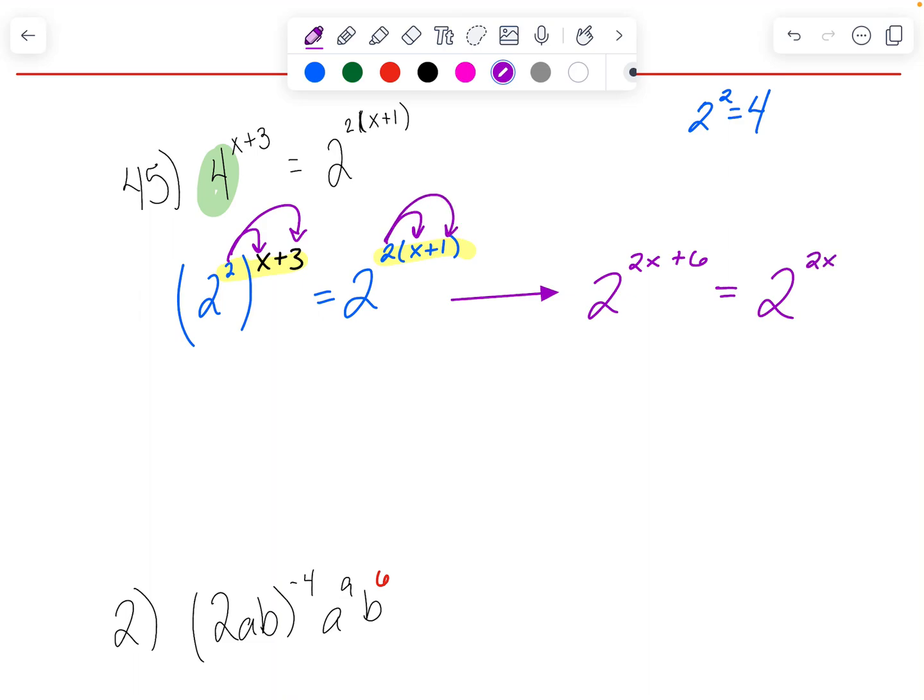Two times 1 is 2. Okay. Now we can go ahead and simplify what we have here. I'm going to write my equation of 2x plus 6 equals 2x plus 2.